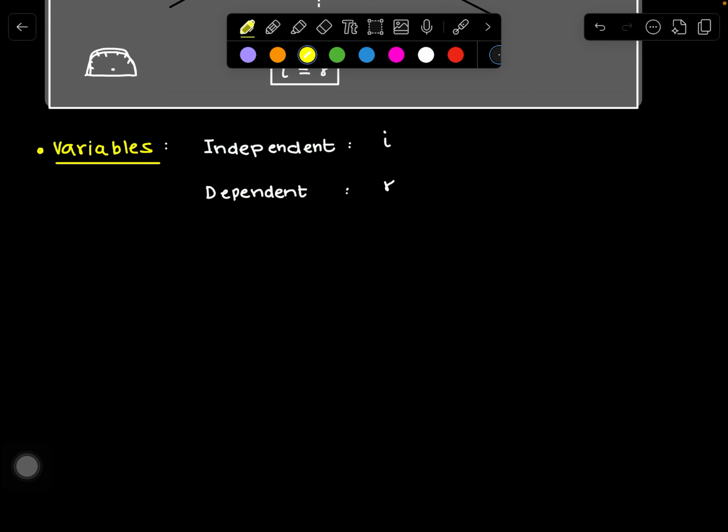और कुछ चीज़ें होती हैं जो आपने same रखनी होती हैं ताकि आपका experiment fair हो. And those things are called control variables. Control करना होता है आपने इनको, like same रखना होता है. Control variables. Okay. अब control variables आपकी क्या हैं?